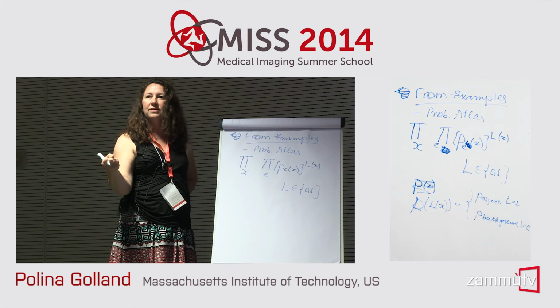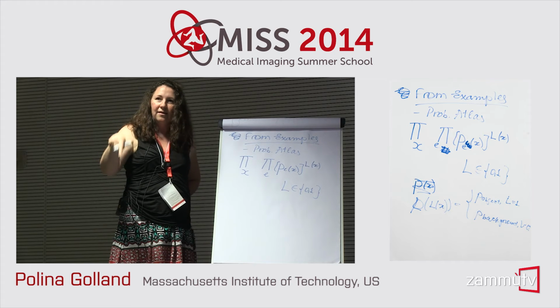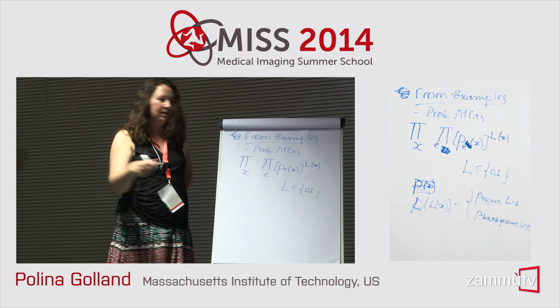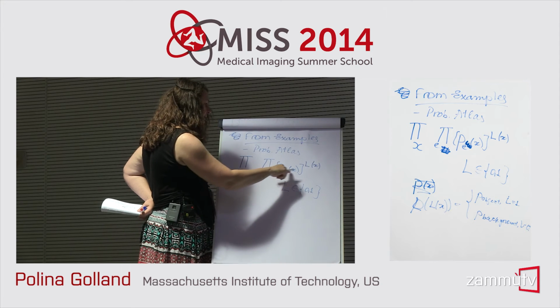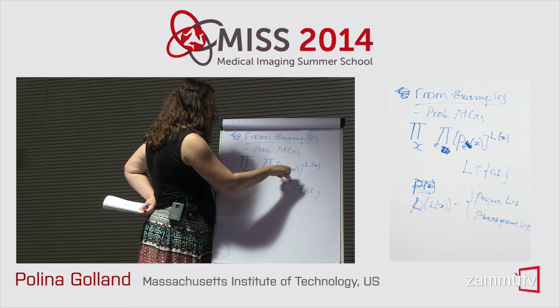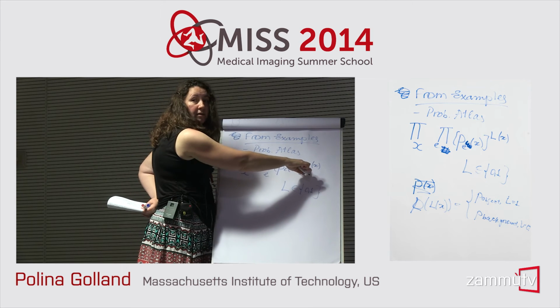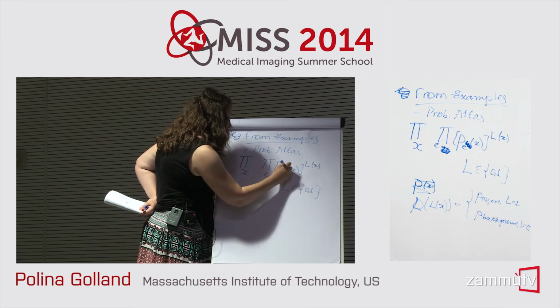Then what I should do is evaluate the probability of that pixel being in the object under the atlas, right? So I'm going to take the probability of the object and raise it to 1. So that gives me the probability of that object. Should I be doing this L of x? Let's do that.